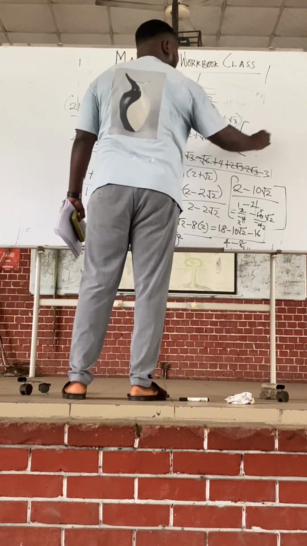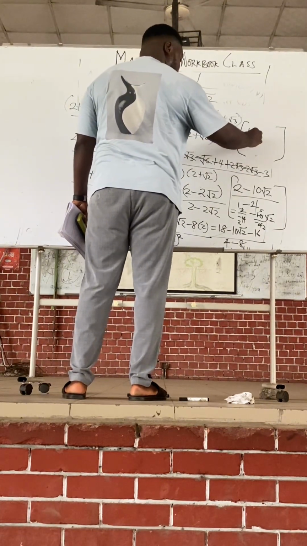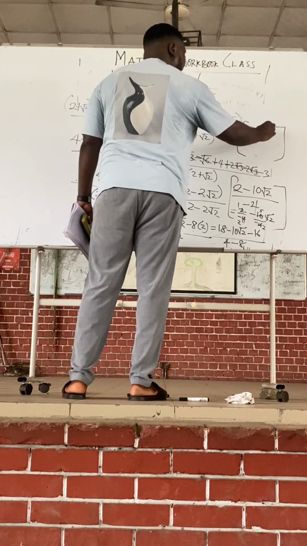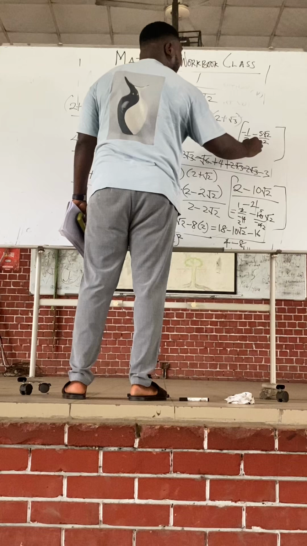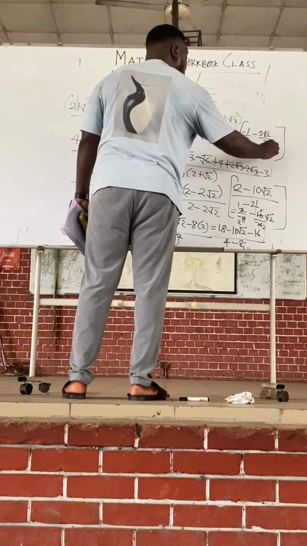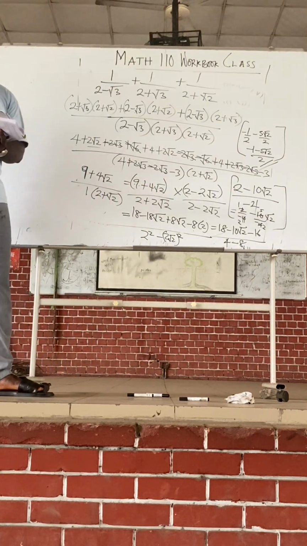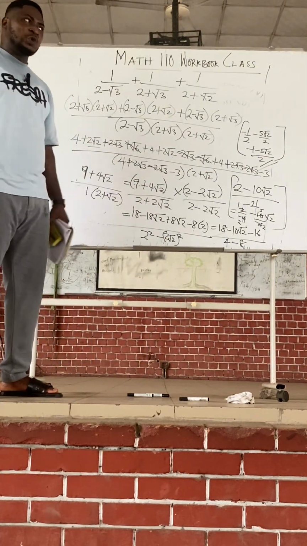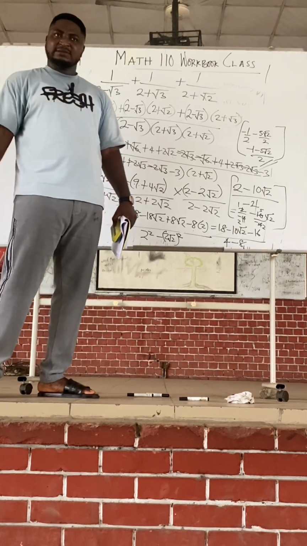So we are left with minus 1 over 2, minus 5 root 2 all over 2. Bringing them together, you now have seen the denominator is 2: minus 1 minus 5 root 2 all over 2. Final answer.